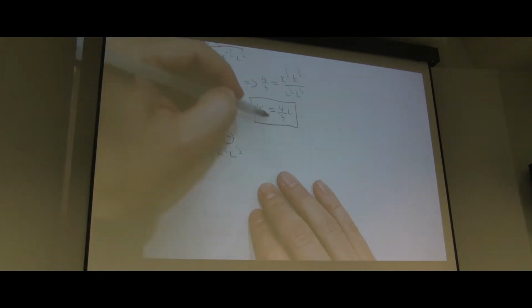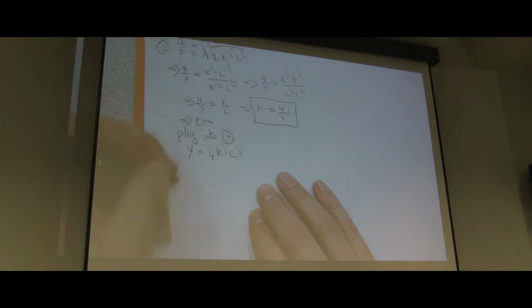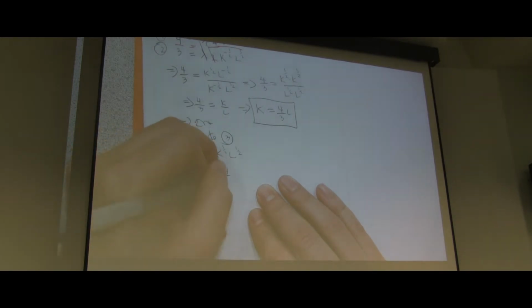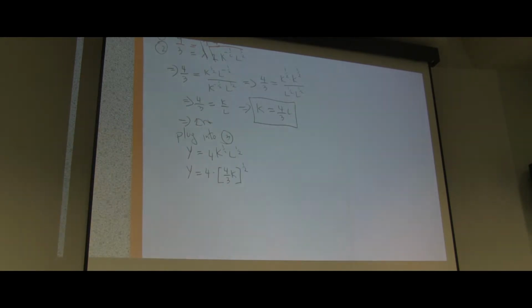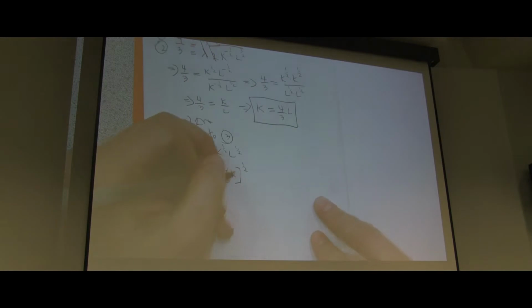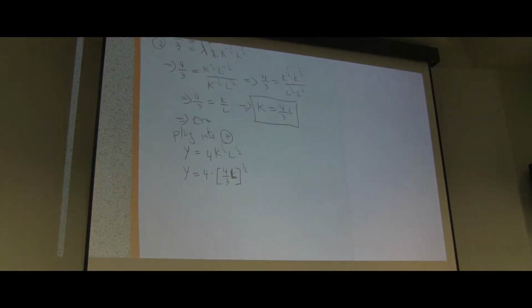And now I know that k is 4 over 3L. So I have that y is equal to 4 times 4 divided by 3 to the power of 1/2. Now, key thing, don't make the mistake. Wait, it's L. Sorry, L. Don't make the mistake of writing a K when it should be an L first.